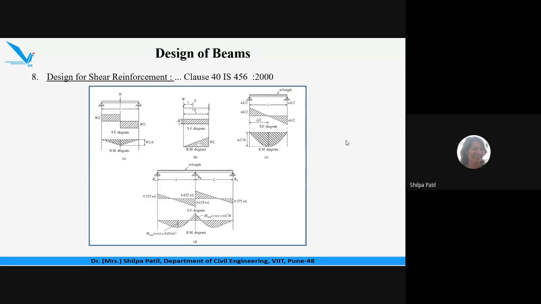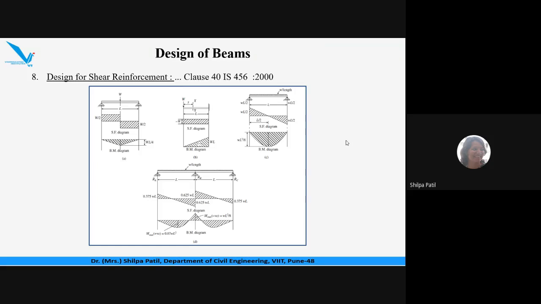The beam is resting on the column 230 mm wide.